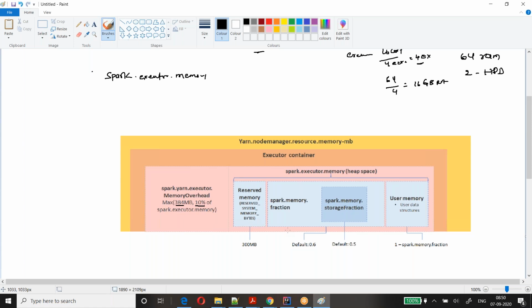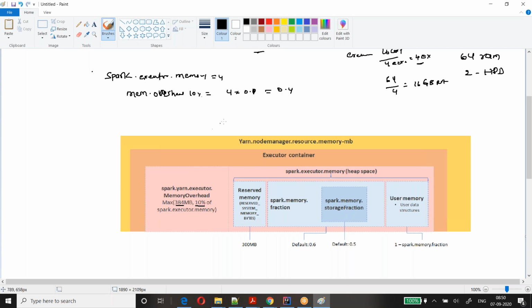If your Spark executor memory is 4 GB and your memory overhead is 10%, what will happen? 4 into 0.1, how much will it come? 0.4.